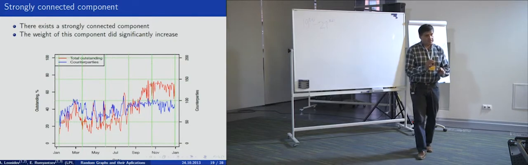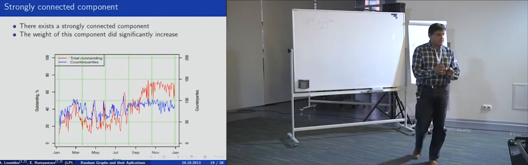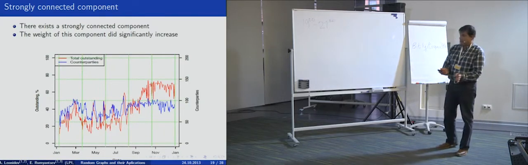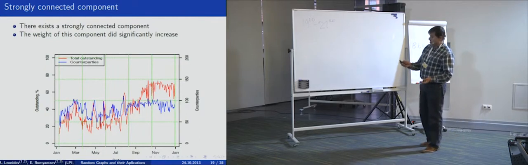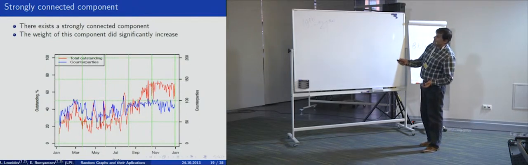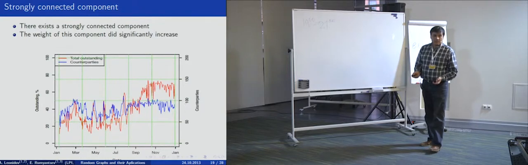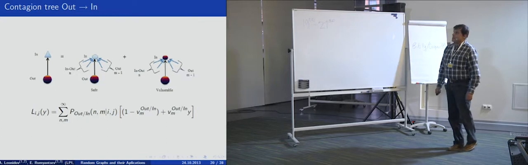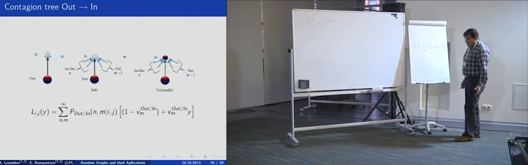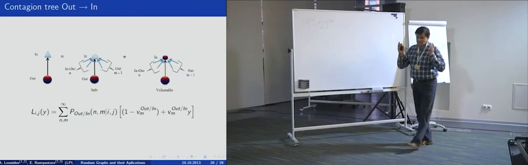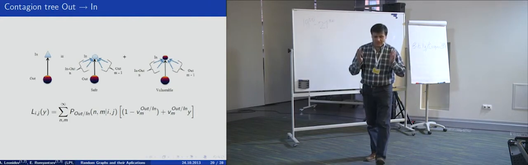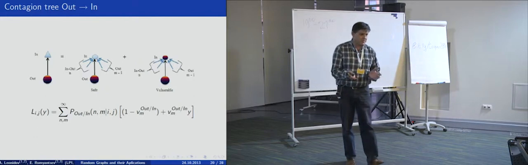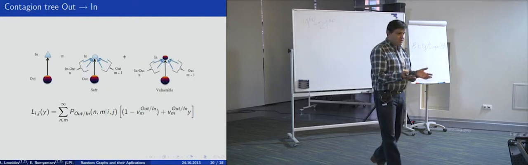So this is a sizable, compact structure that sits in the middle of the bow tie, and of course determines many of these properties. What's interesting is that you see that it grew in size, and we don't quite know how to interpret it, but this is a fact. Now, what you do with this, you just take a pen and honestly write the matrix structure for the generating function that has all components in.